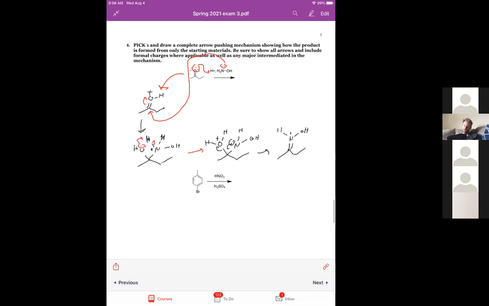Then either have water or another amine pull off this last proton to give us what will be referred to as an oxime here, but really just an imine with an OH on it. That was the same reaction.